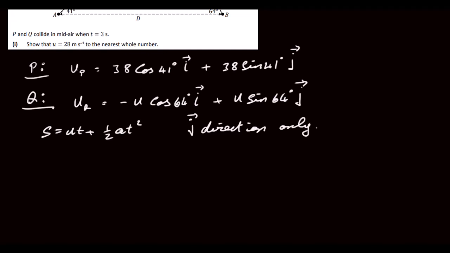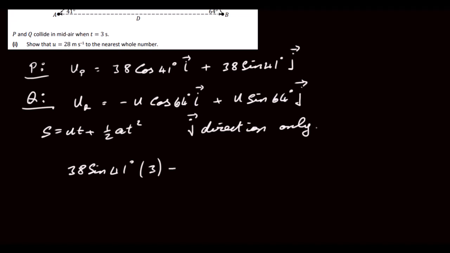For P, we need the initial velocity in the J direction, which is 38 sine 41, multiplied by t. It takes 3 seconds for P to reach the collision point, plus half at squared.